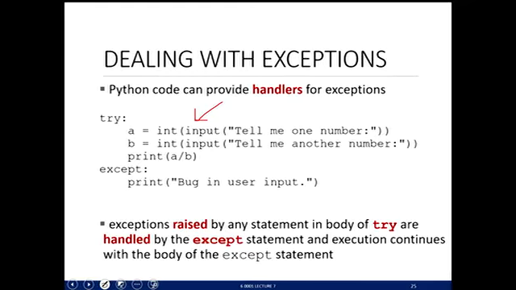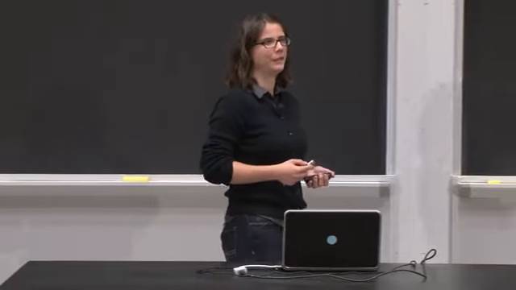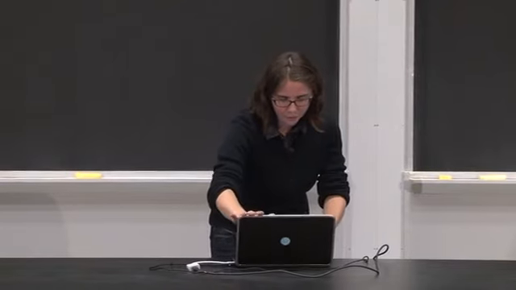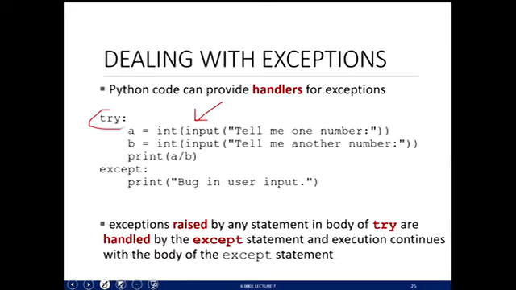You tell them to give you a number, they might give you their name. Nothing you can do about that. Or is there? Yes, there is. In your program, you can put any lines of code that you think might be problematic, that might give you an error, an exception, in this try block. So you say try colon, and you put in any lines of code that you think might give you an error.